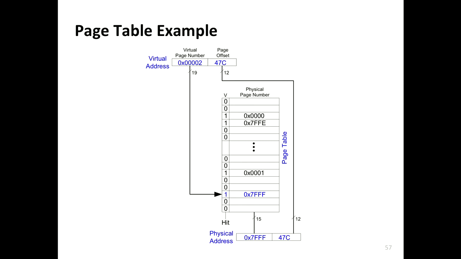Here in this specific example, it's 2, so you go to the second entry in the page table: 0, 1, 2. Inside the page table, you have the physical page number, so you take it out, and you also have the page offset in the virtual address, so the effective physical address is going to be the following. Very straightforward again.